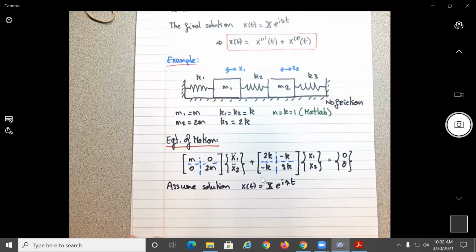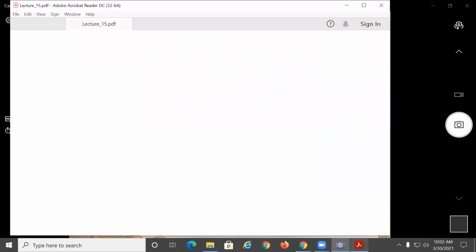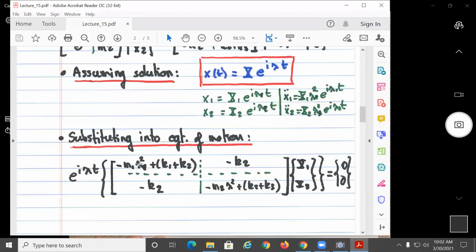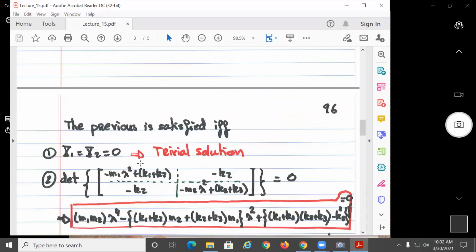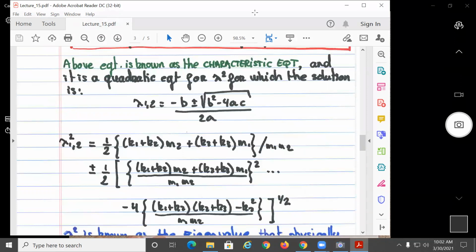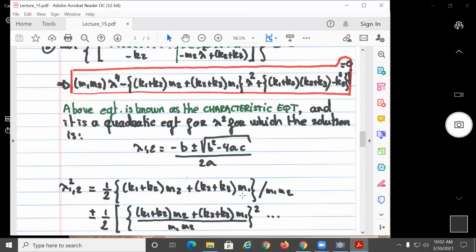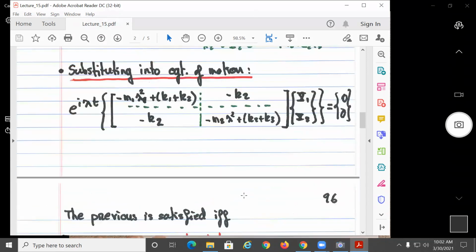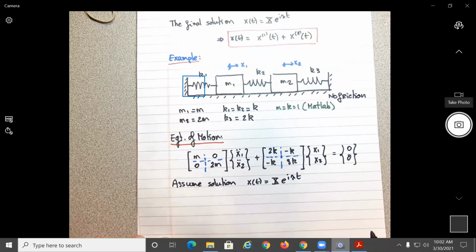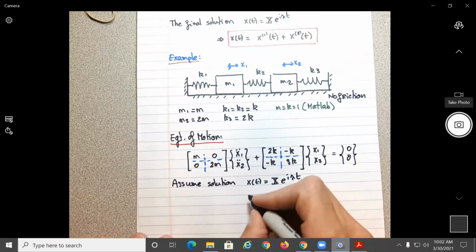Okay, so let's go into a bit more detail. So you come here, and now what can you say? You assume a solution, you substitute, and let's just do it, okay? As practice, that way we just redo it, but we're going to follow exactly the same procedure. Okay, let's do the first one in detail.